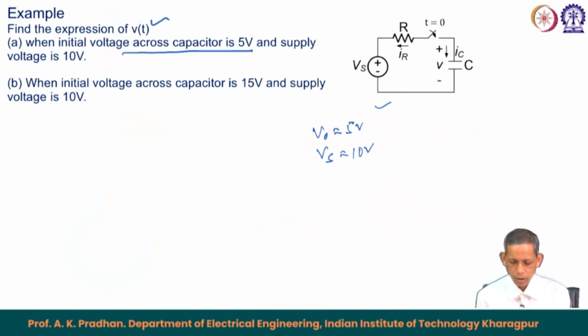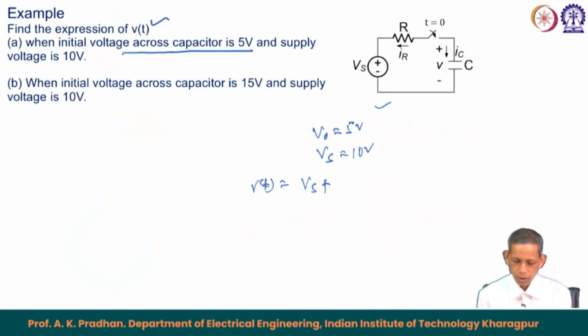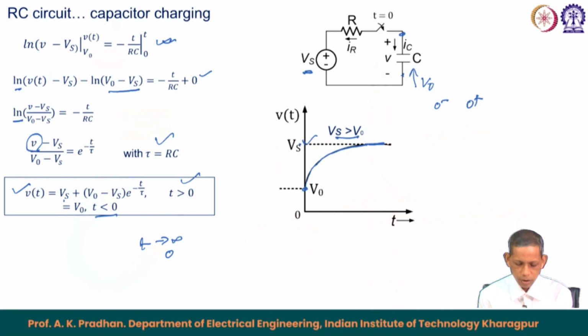We know that the corresponding v(t) expression is Vs plus (V0 minus Vs) e to the minus t by tau, and for t less than 0 it is V0. The expression goes like this when Vs is greater than V0. So it starts from V0 and reaches Vs.